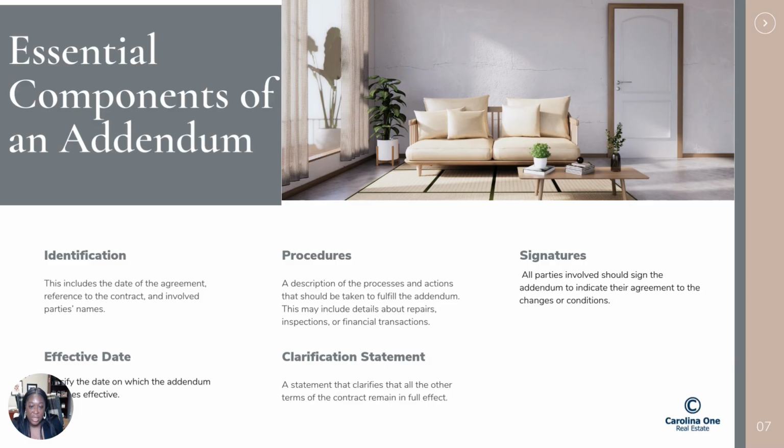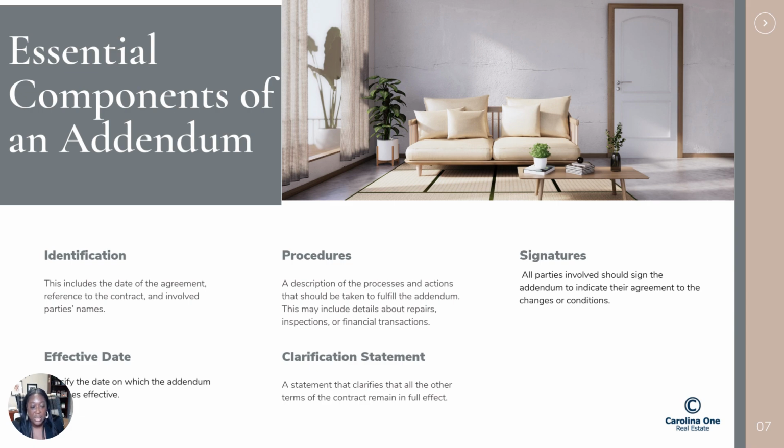Procedures should be written. That's a description of the processes and actions that should be taken to fulfill the addendum. This may include details about repairs and how it should be repaired, or inspections, or financial transactions. You also should have a clarification statement, a statement that clarifies that all of the other terms of the contract still remain in full effect.